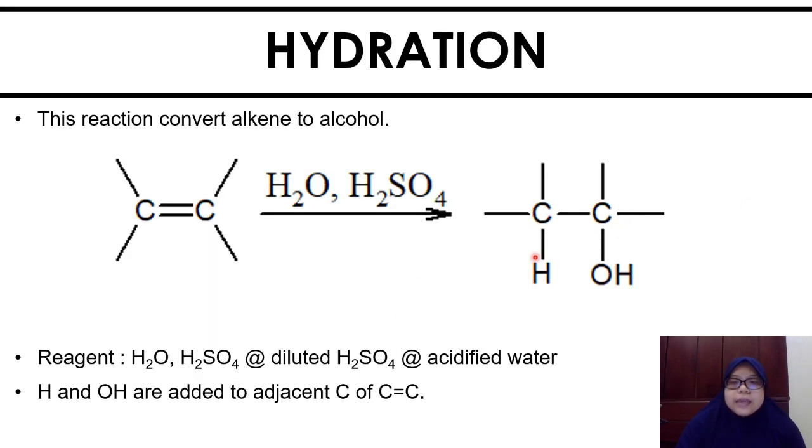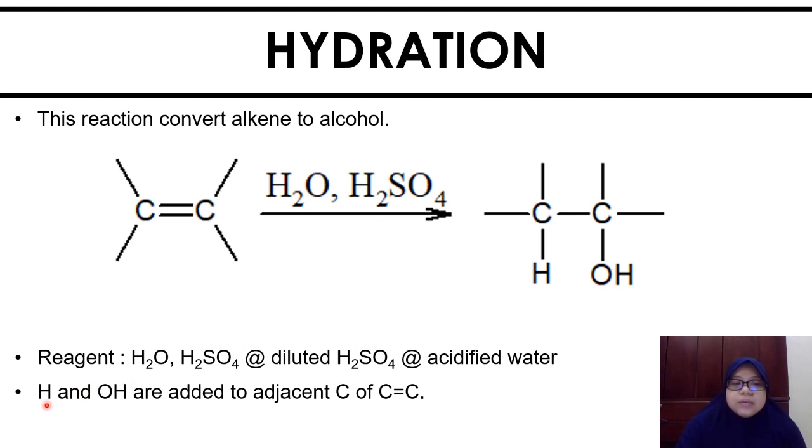Okay, we look at the second reaction, which is hydration. In this reaction, the alkene will be converted to alcohol. So this one is alkene, react with the reagent of hydration, it will be converted to the alcohol. So the reagent used here is either H2O dissolved in H2SO4, or diluted sulfuric acid, or acidified water.